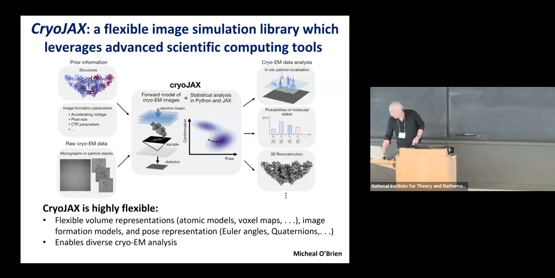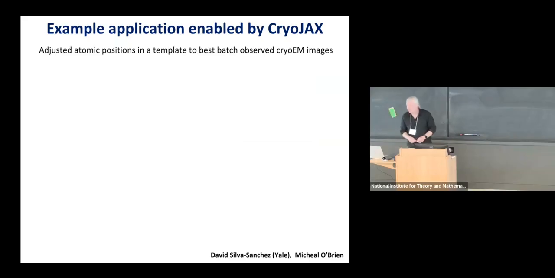Okay, so to give a sense of what this enables, and this is a toy example, just to give you a sense of the possibilities. Before, I was talking about how you can match a template. So you have a ribosome structure, you try to match it to data. If you're doing that, the parameters you're trying to optimize are the location and orientation of the template.